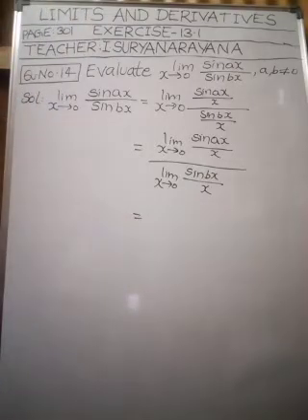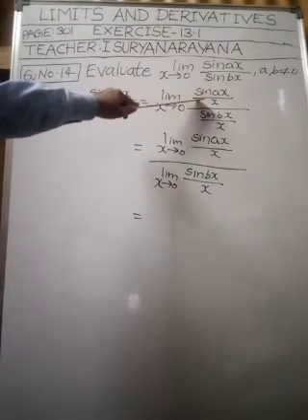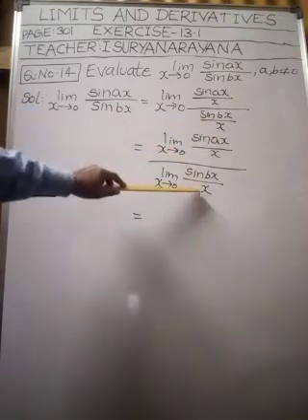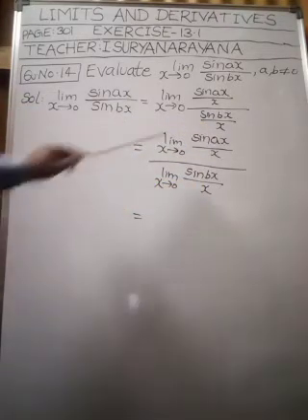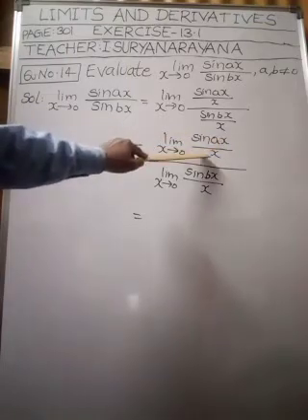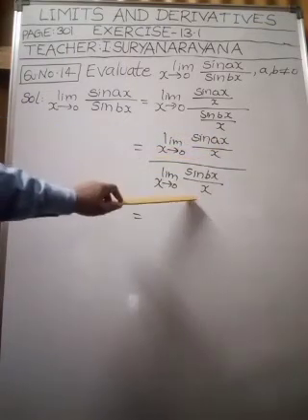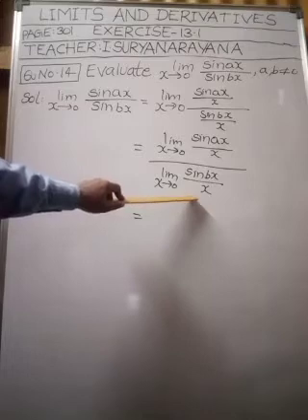Understood this step, my children? We are finding the limit of the numerator separately and the denominator separately. If you observe, the numerator is a standard form, and the denominator is also a standard form.